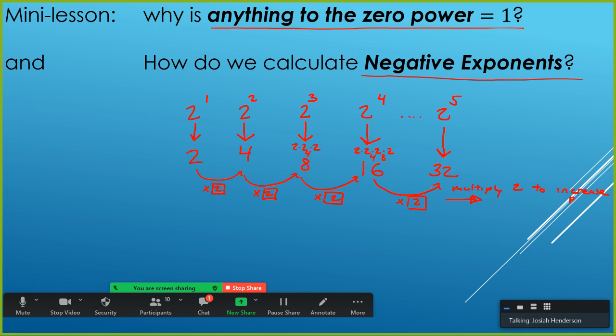Meaning 32 to 16, 16 to 8, 8 to 4, 4 to 2. Do we see a pattern going backwards? And it's not multiplying this time, it'll be dividing. Pattern to decrease power.